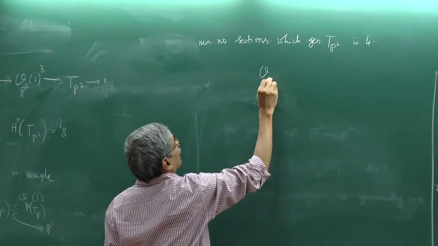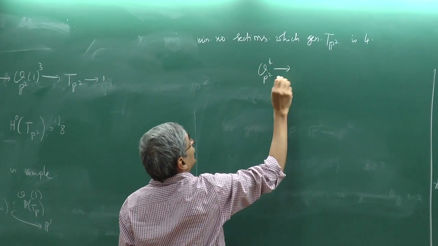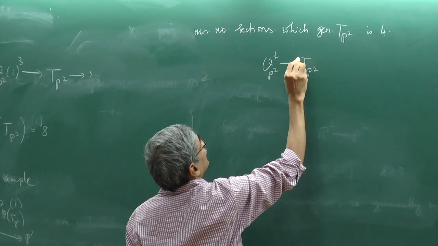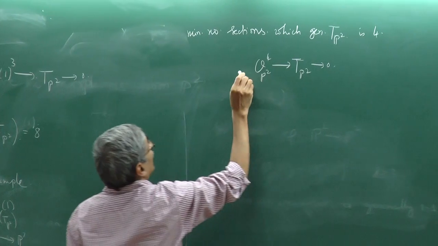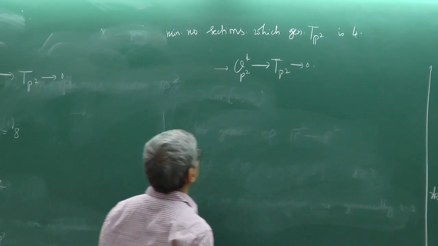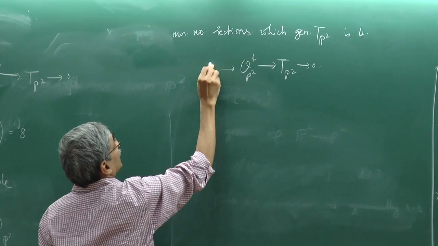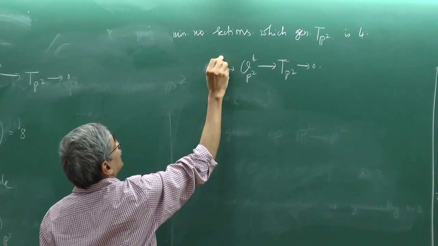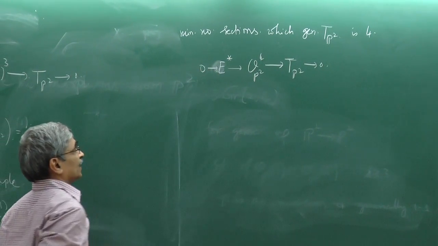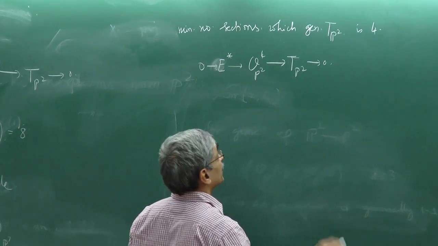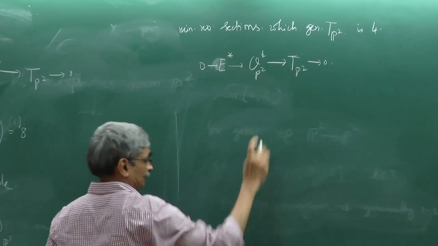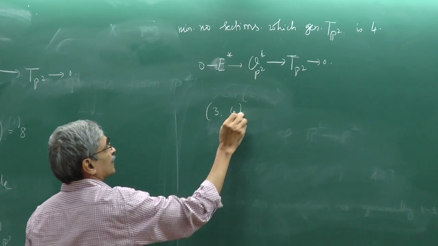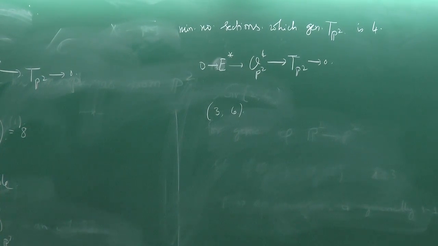So there exists a mapping from O trivial bundle of rank 4 to TP2, you have such a surjection, and you will have a kernel of rank 2. So we'll call this E star, a rank 2 vector bundle. Since you can compute these things, the corresponding class will be 3, 6. Okay.